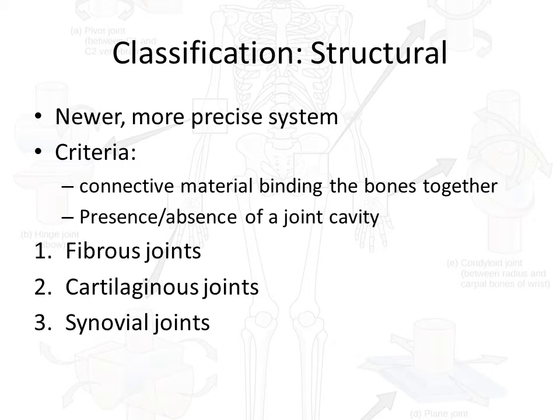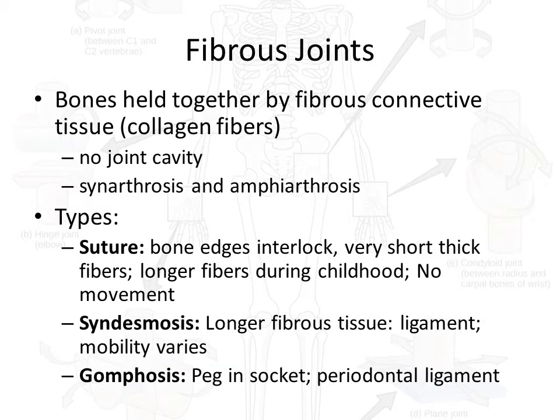We've already talked quite a bit about synovial joints, but we'll talk here about the fibrous joints and the cartilaginous joints. In fibrous joints, the bones are held together by fibrous connective tissue, mostly collagen fibers. There's no joint cavity, and this includes synarthrosis and amphiarthrosis types of joints, if you're looking at the other classification system. So there's three types of fibrous joints.